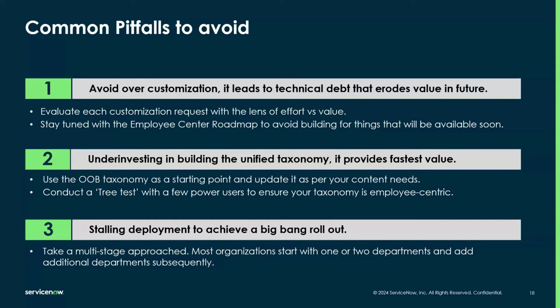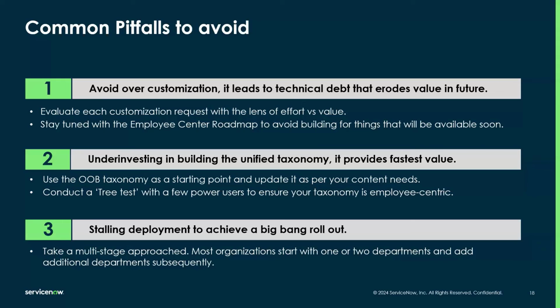Then a second common pitfall that we have seen is underinvesting in building the unified taxonomy. As you would have seen in the very brief demo, the value of that whole browse experience is based on how well the mega menu is designed, how well your topic pages are designed. If you don't have content in the right places in the topic pages, the whole experience that you're trying to create with Employee Center will quickly fall short.